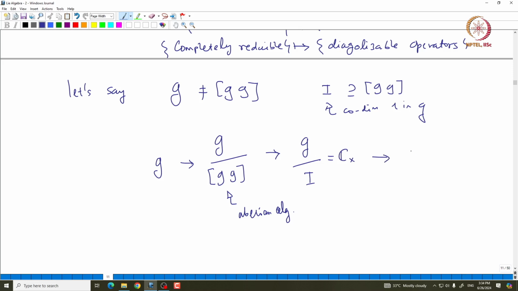Then we can pick some operator, let us say some capital X, which is not diagonalizable. So, this X is mapped to this.